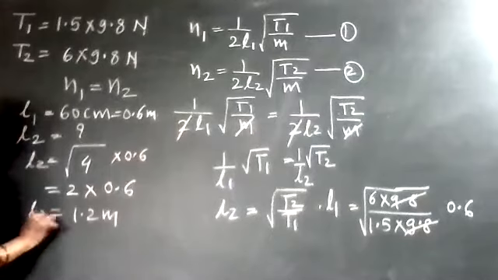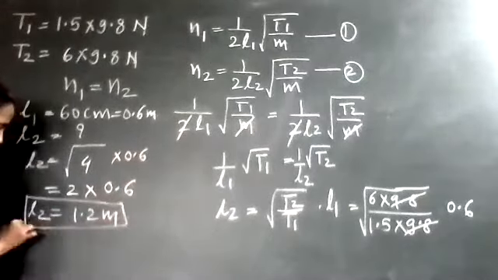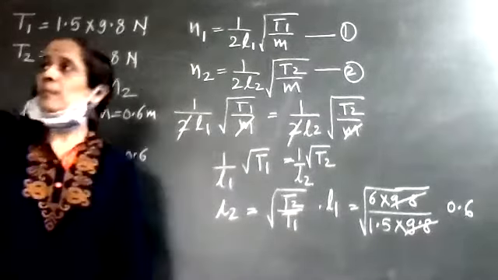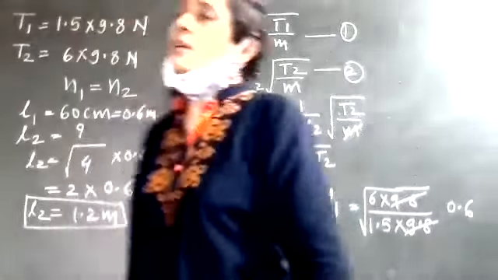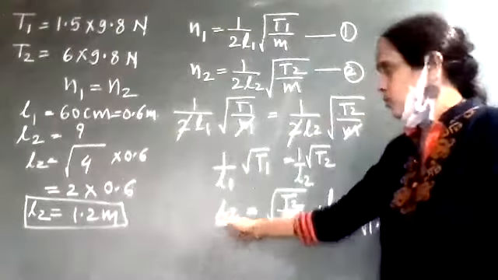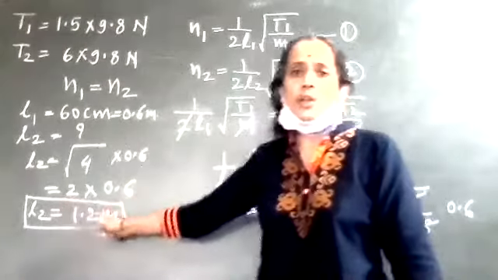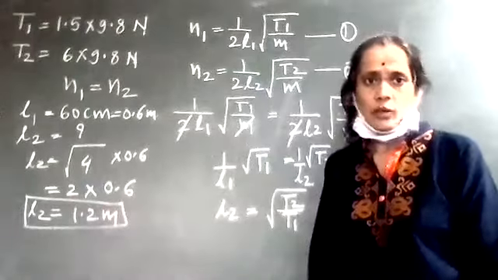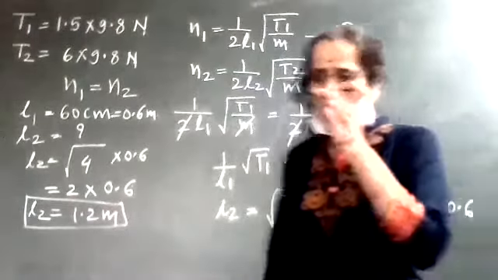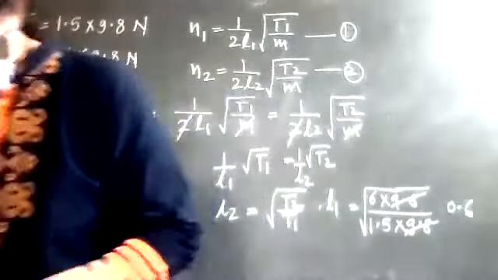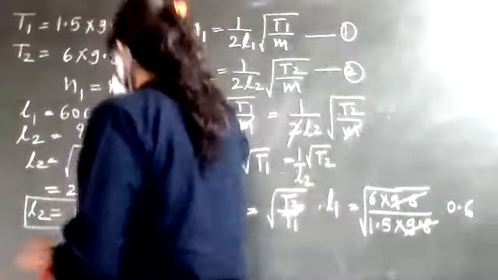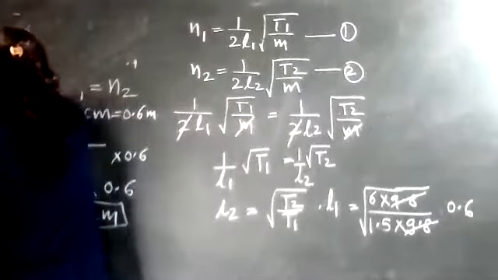So for the second wire, the vibrating length L2 is 1.2 meter. Got it? So this is your problem number 14. Next, now you have problem number 15.